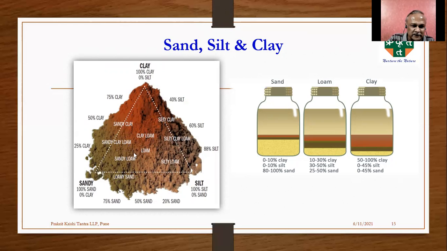So the balance is here. Balance here means almost all should be in the same quantity, but 30 to 40%, 30 to 40%, 30 to 40% is the best actually for any soil, and that is what you get somewhere here at the center. How to measure that in your soil?